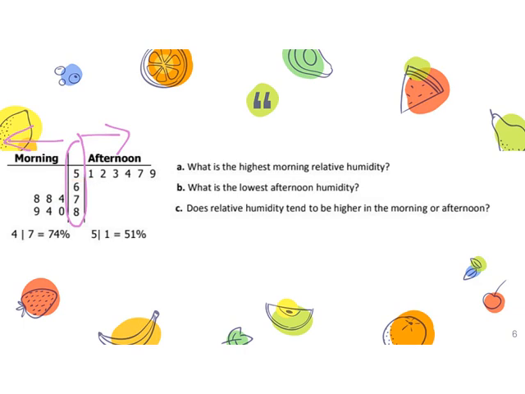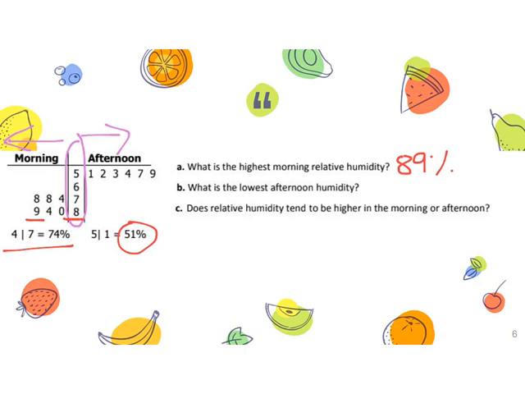So what is the highest morning relative humidity? Sorry, this is actually having a key of our percentages, so these are percents. So if we look at what the highest morning relative humidity is, we go to the morning, it's going to go from the middle out to the highest number, so 89%. And again, I know they're percentages because the key is actually telling me.